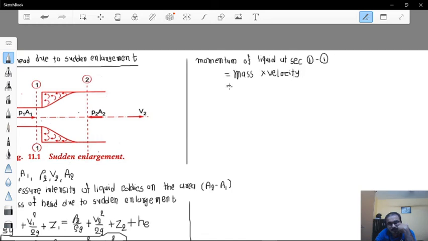So it will be rho A1 V1 multiplied by V1.